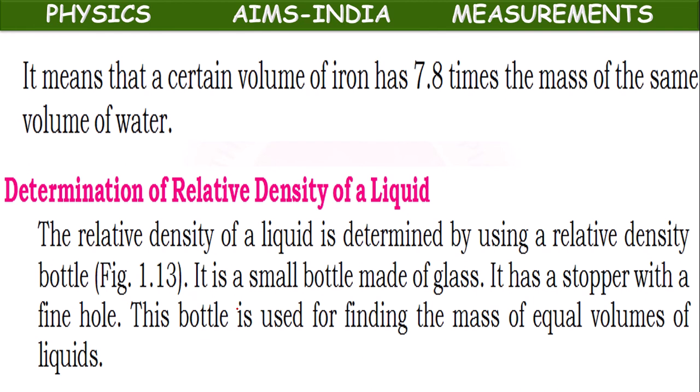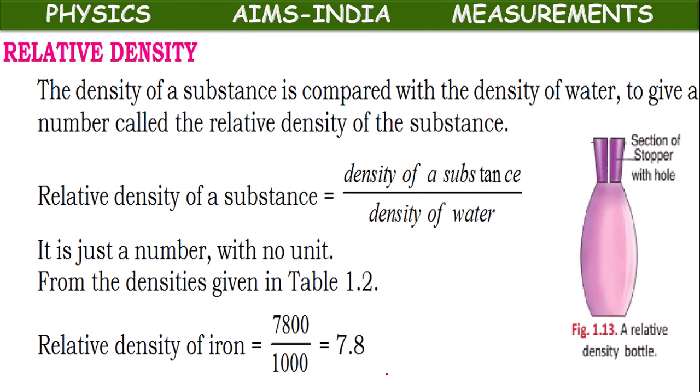So what does it actually mean? Relative density 7.8 means what? In the numerator, we have the density of the substance. In the denominator, we have the density of water.